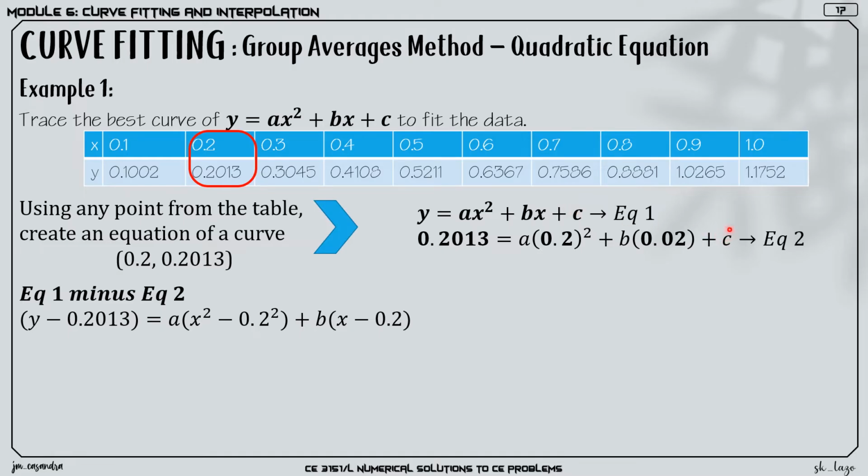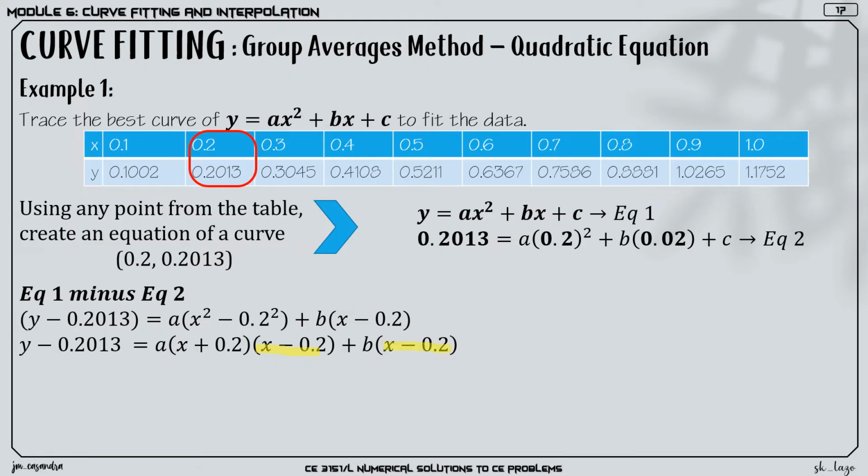The c for equations 1 and 2 cancels out. If we're going to simplify x squared minus 0.2 squared, we could simplify this as x plus 0.2 times x minus 0.2. Looking at the second term, we have similar terms for a and b.